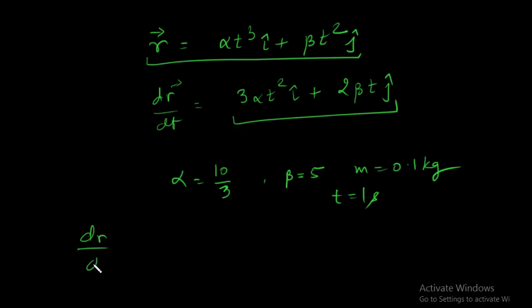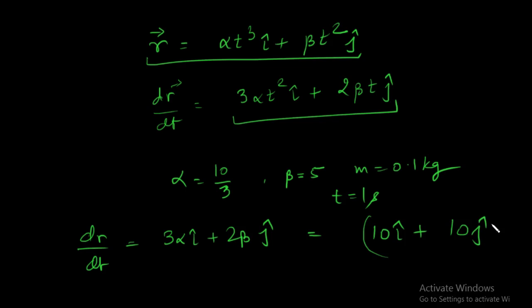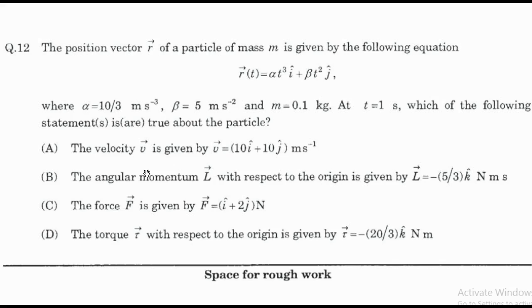So dr by dt at t equal to 1 will be equal to 3 alpha I plus 2 beta j. And alpha is 10 by 3, so it is 10 I plus 10 j. So velocity v is 10 I plus 10 j. In option A, v is given as 10 I plus 10 j, so option A is definitely correct.